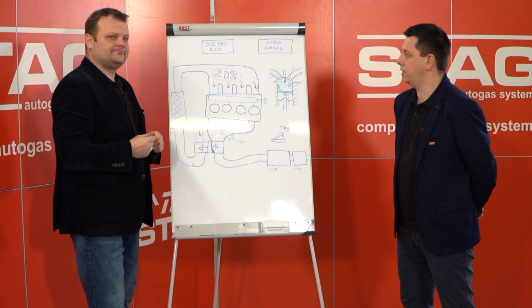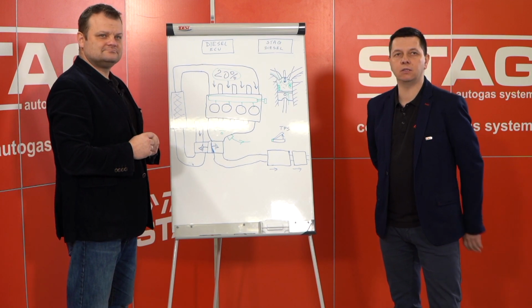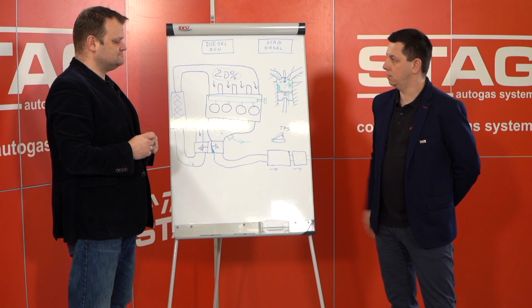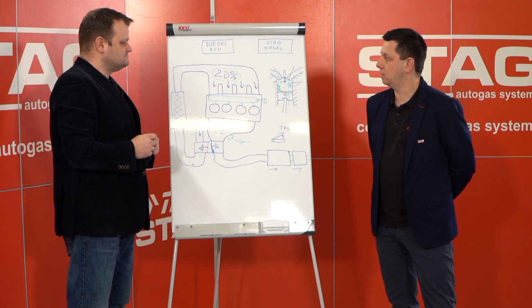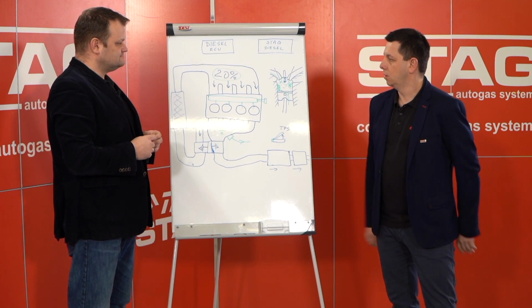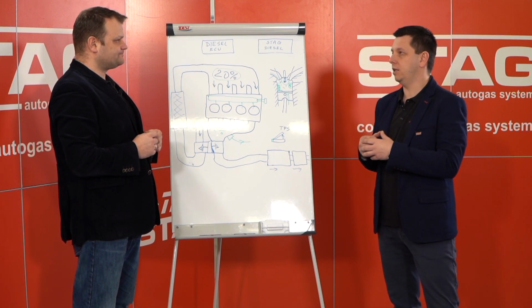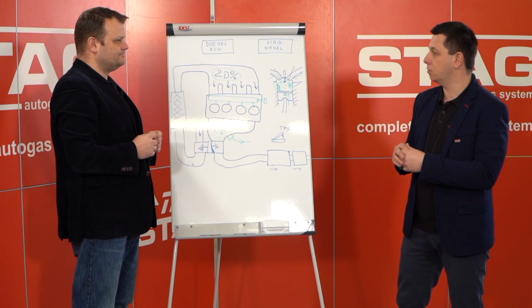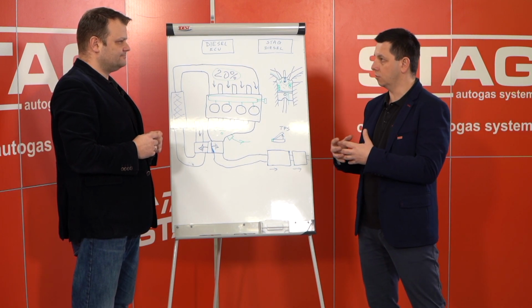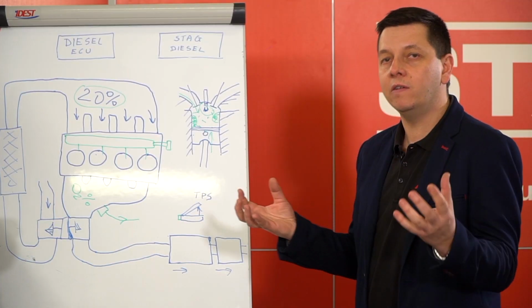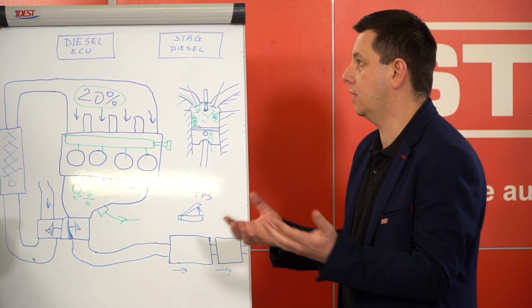Right. Because when we start to inject gas into the manifold, we have the mixture of the gas and the oxygen. As Marcin told you, we use that oxygen to burn gas, LPG or CNG. So we need to have information and control the amount of oxygen, because if we do not have any oxygen, we cannot have combustion.